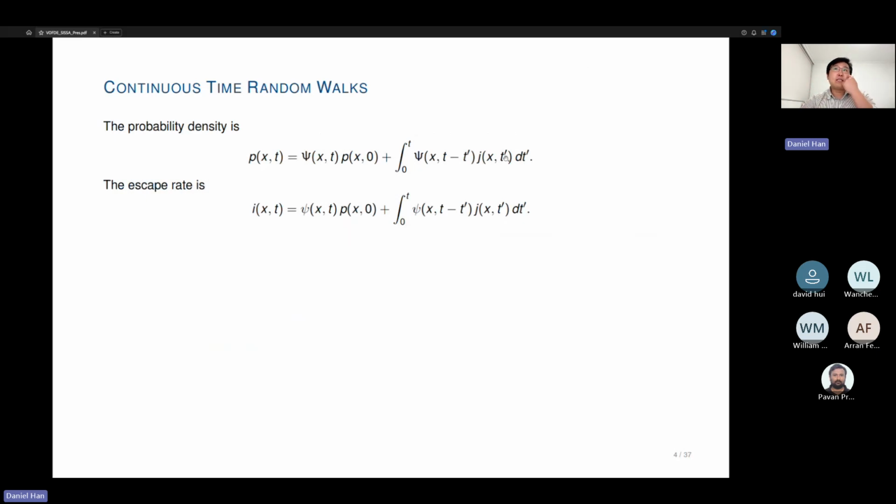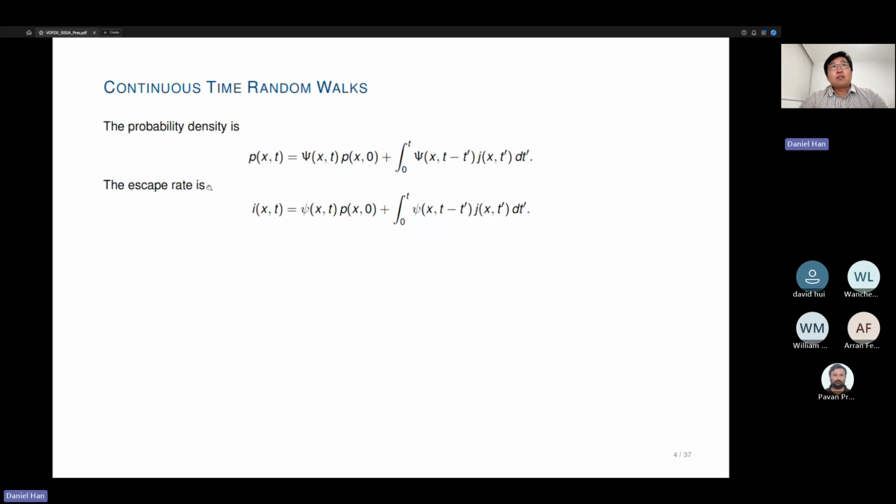And that j is exactly that arrival flux. So here j is saying what is the rate of arrival of particles to position x at time t prime. And if I now integrate all of that from 0 to t, so from the beginning of my random walk to current time, then I obtain how much probability density should be located at my position x at time t.